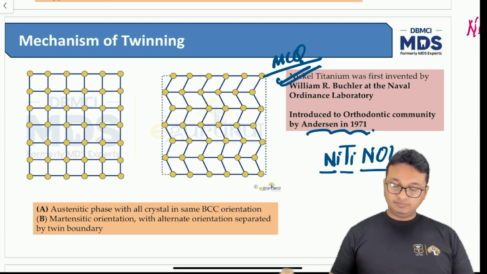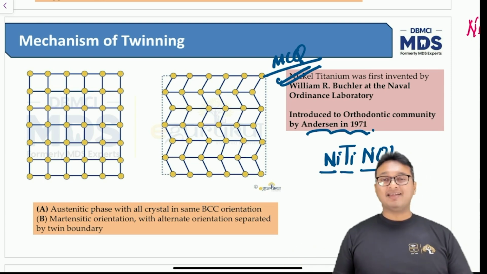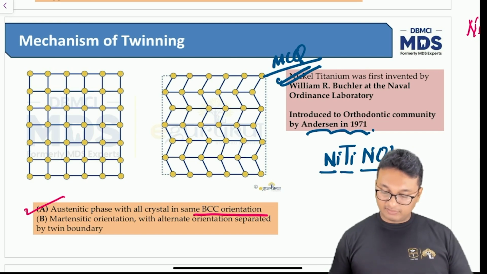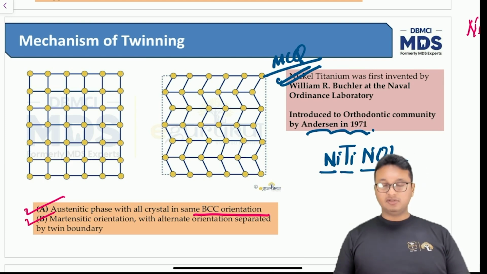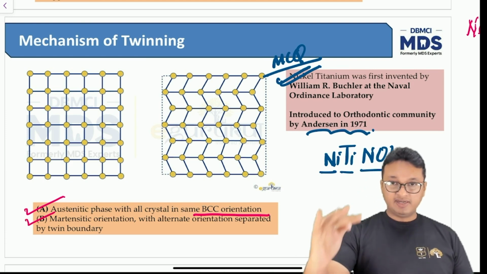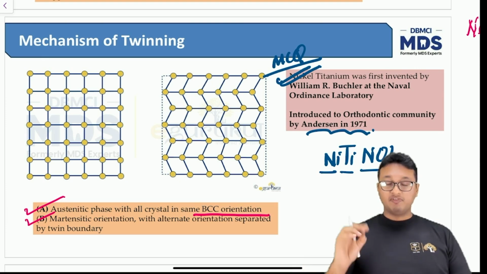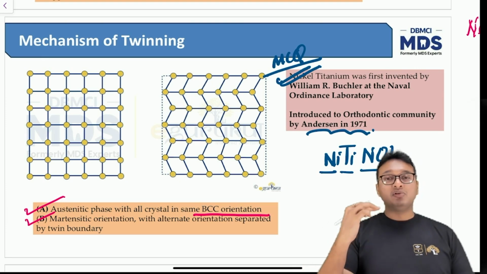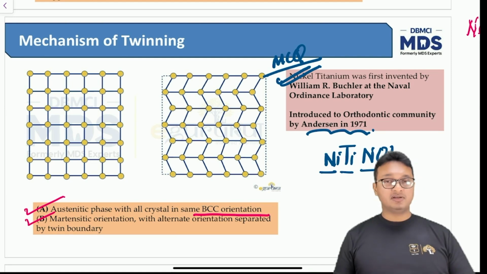Now you know that nickel titanium exists in two crystal forms. One is the austenitic phase, which has a BCC crystal orientation, and one is the martensitic phase. So we have the austenitic phase and the martensitic phase, which are interconvertible, depending on the amount of forces which are subjected to these arch wires.